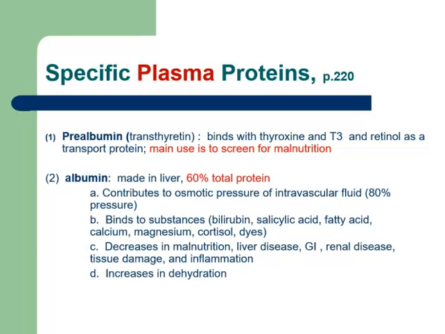Also, albumin binds to substances such as bilirubin, salicylic acid, fatty acids, calcium, magnesium, cholesterol, and other dyes. Albumin decreases in malnutrition, liver disease, GI disease, renal disease, tissue damage, and inflammation. So we would see a decrease in protein, and our albumin increases in dehydration.